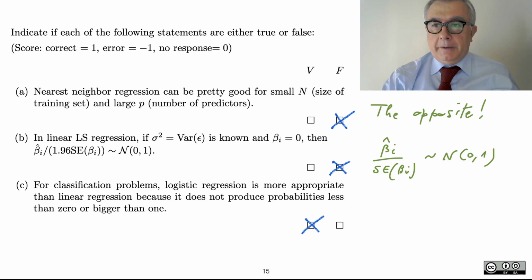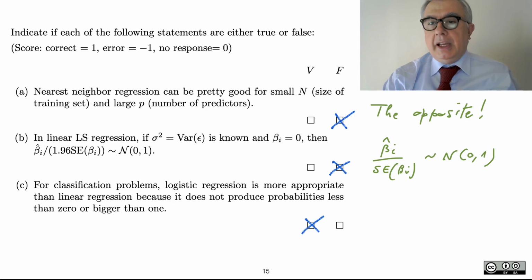And if the number of predictors p is large, it is very difficult to have dense data, because we have seen that there is the curse of dimensionality, while if you have p equal to 1 or p equal to 2, it could be relatively easy to fill the space in such a way that when you consider some x, you have enough data around that point, and you can use them as neighbors in order to estimate the function.